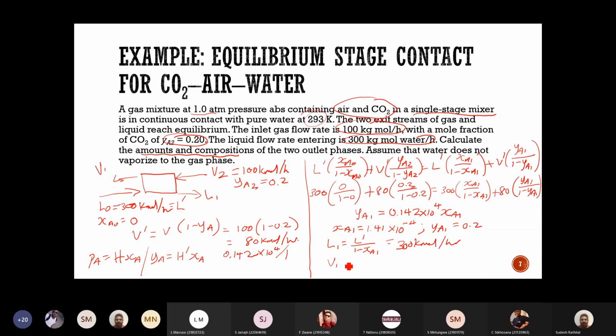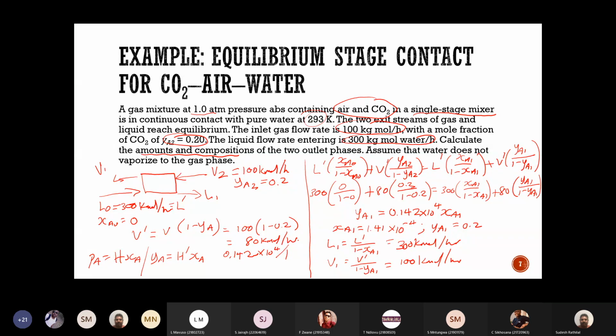V1 equal to V prime over 1 minus YA1 equal to 100 kilomoles. Okay, so you solved the problem. You calculated the flow rates, L1 and V1, and you calculated their compositions.